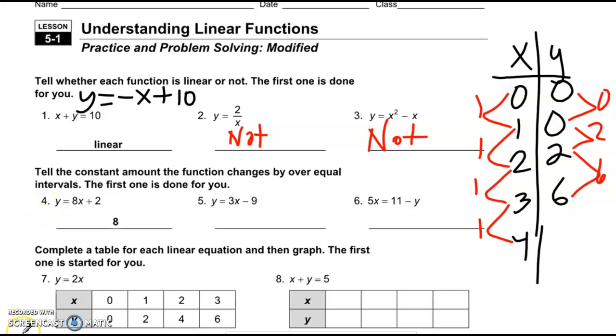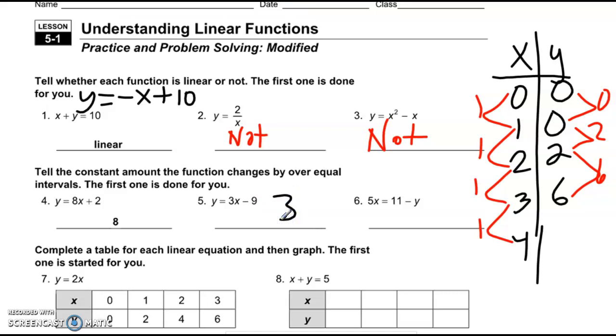So on number 4, the constant is 8. If we were to do a t-chart and go by 1, 2, 3, 4, each change in the y would be 8 units. Okay. So on number 5, what is our constant of change? 3. It's going to be 3. We have to get y solved or isolated by itself. The constant is going to be 3.